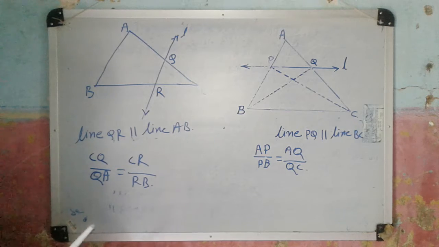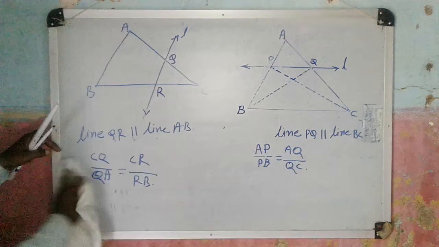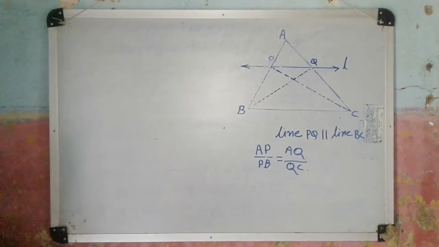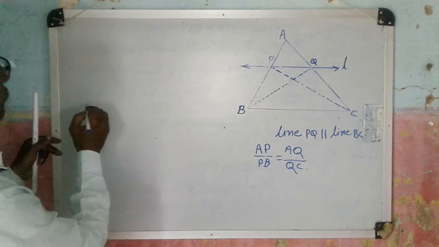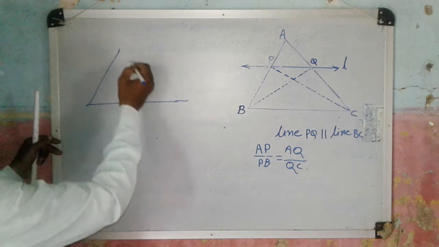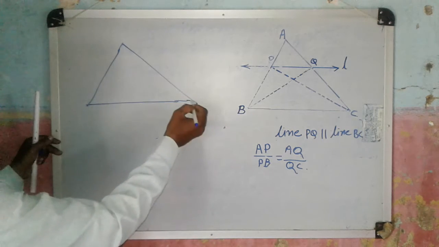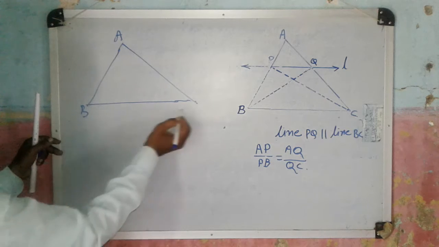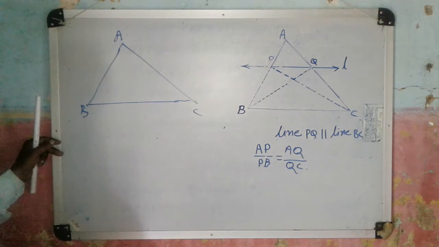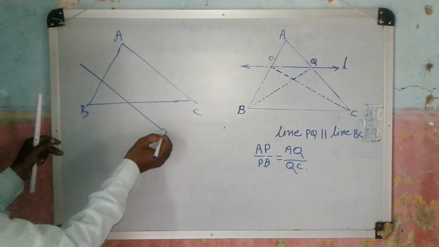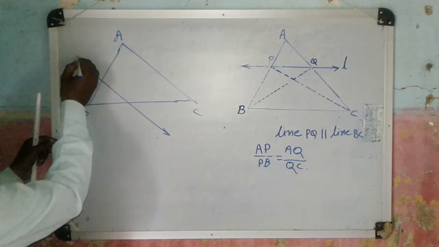Now, another situation is there. Now see here, the line is parallel to AC.